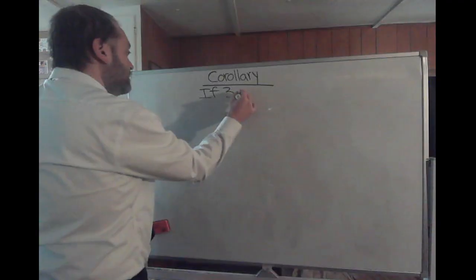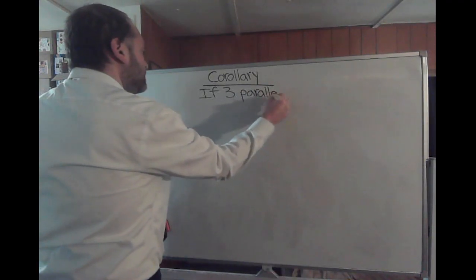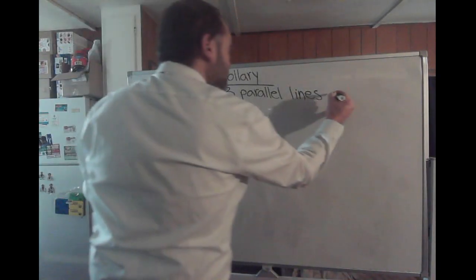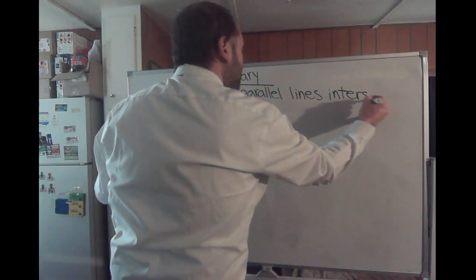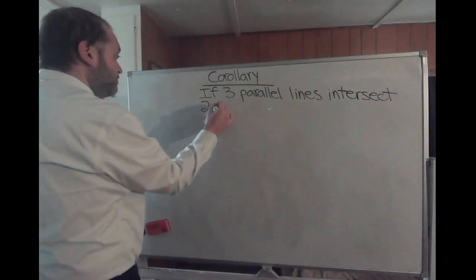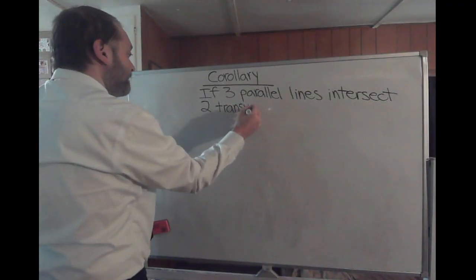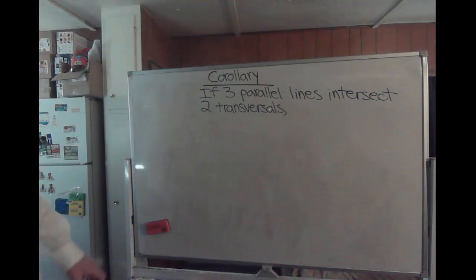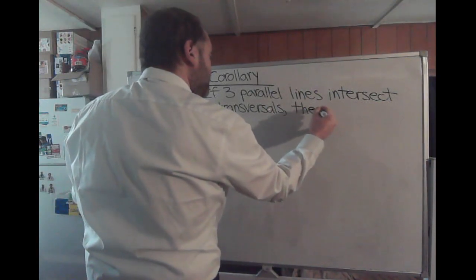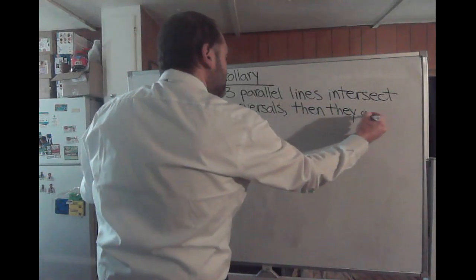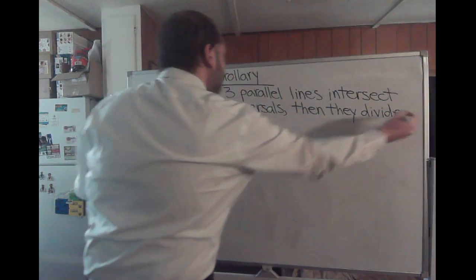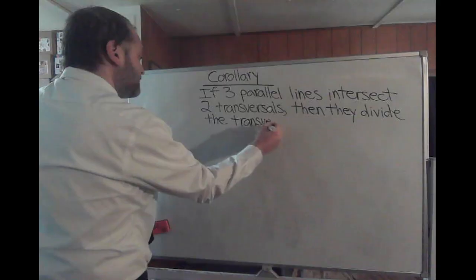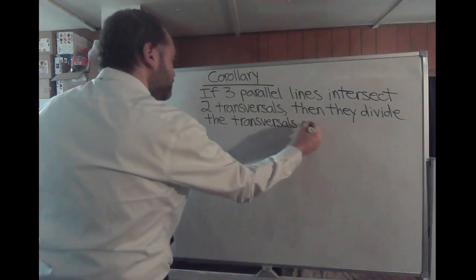if three parallel lines intersect two transversals, then they divide the transversals proportionally.